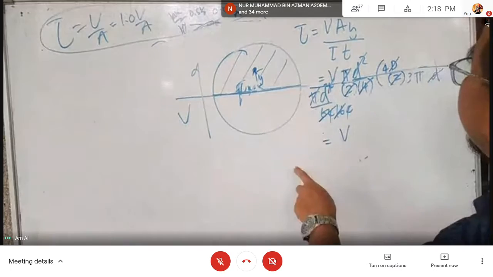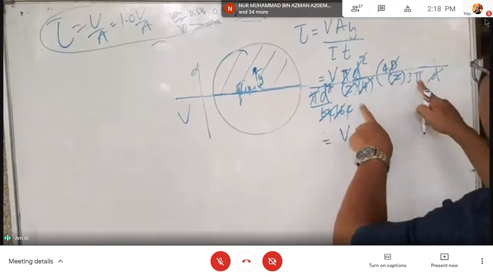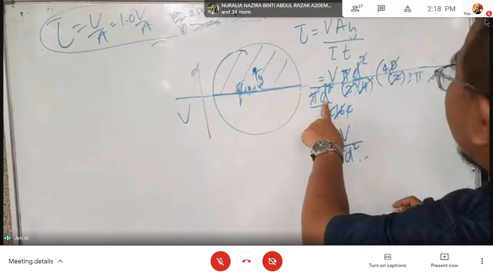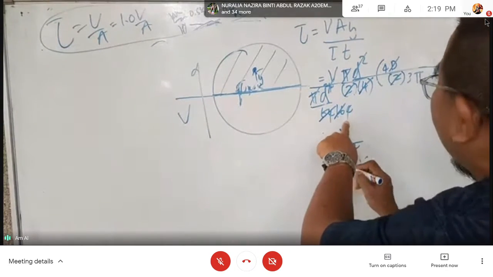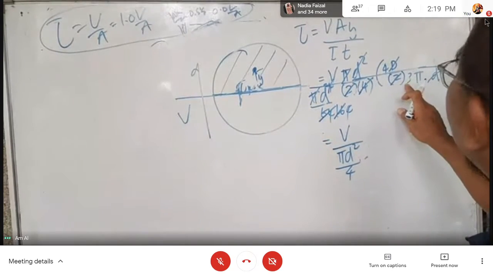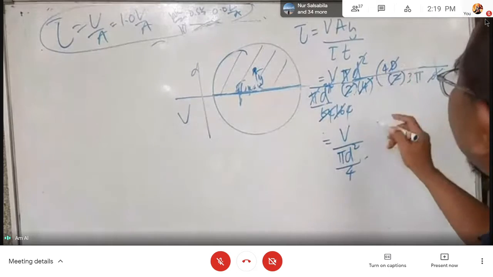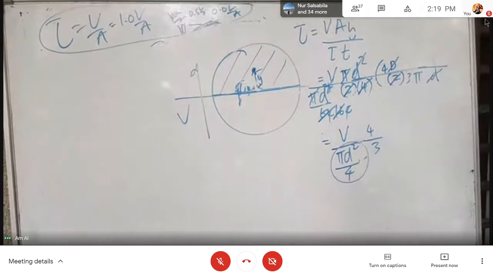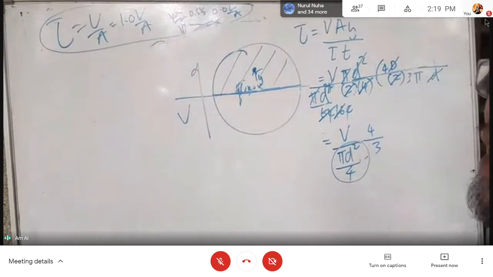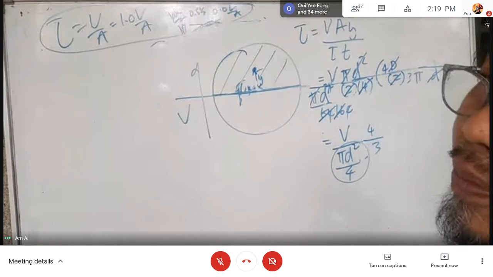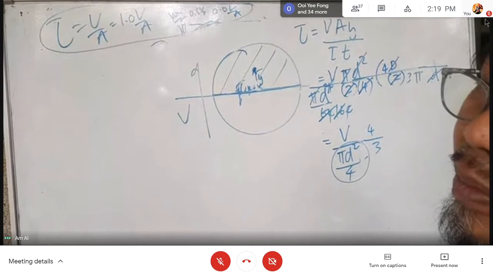V, pi here and D square, pi D square over 4 there. And now what do we have there? Here we have a 4 and 3, 4 divided by 3. So what is pi d square over 4? What is that? Hello guys. The area.